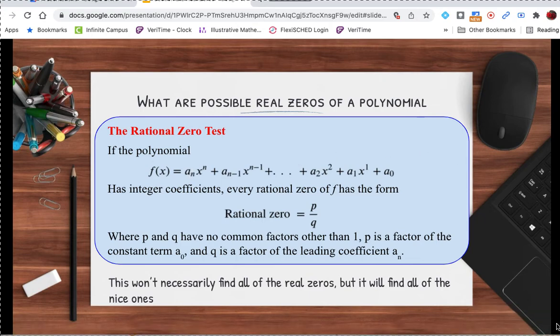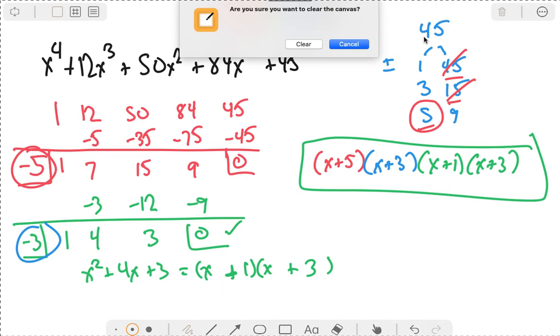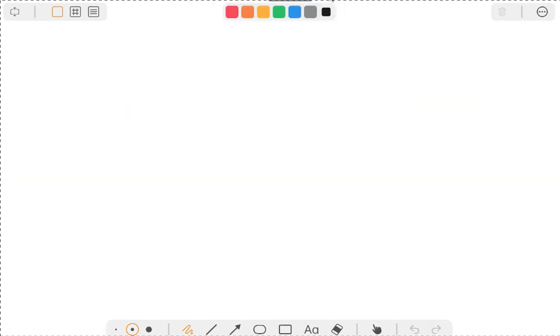So let me give you one more to do. We'll talk about the possible ones on this one. So let's clear one more off here. Now let's do these: 6x to the fourth plus 23x to the third minus 14x squared minus 43x minus 12.